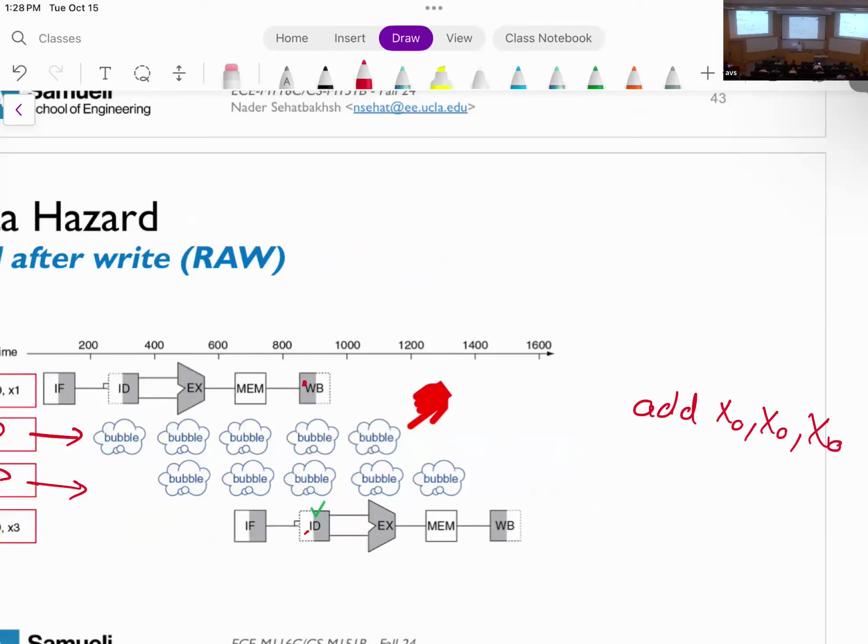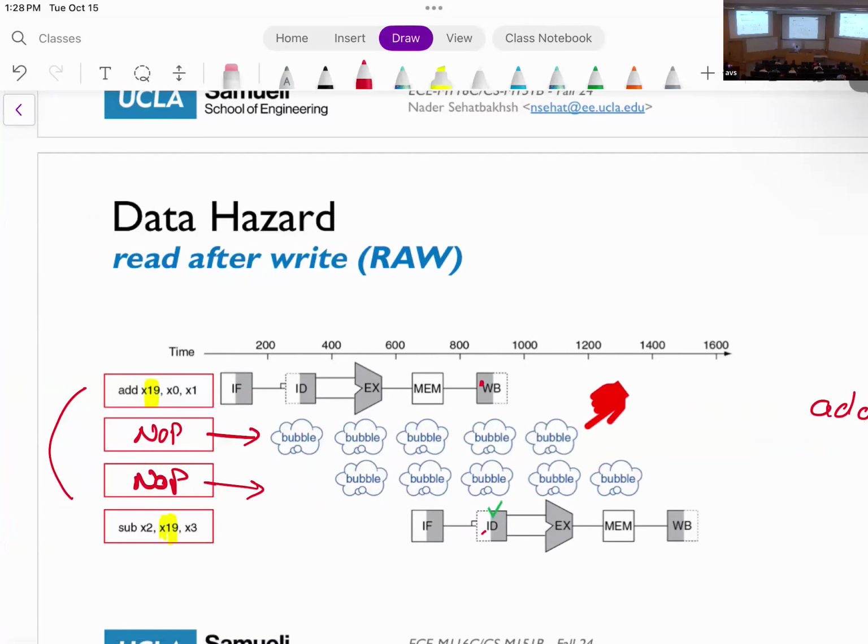This is an example of a no operation. So I'm adding 0 and 0 and writing the result back to 0. Something that has no impact on anything in my system. If I rewrite this code and add no-ops in there, I'm going to have the same operation as my original system.